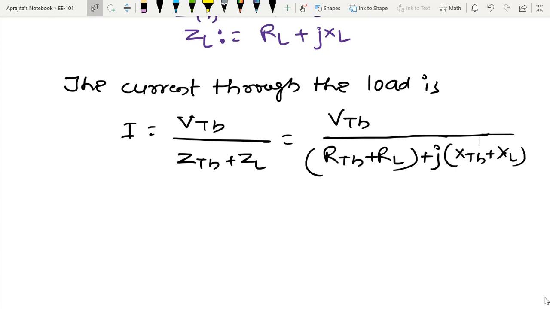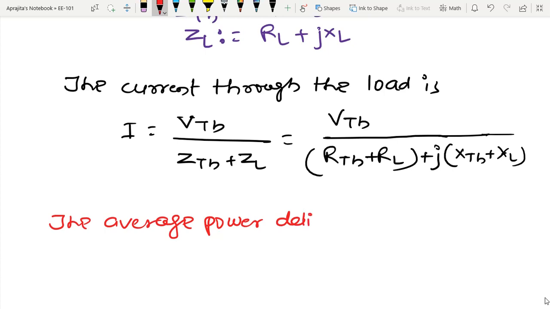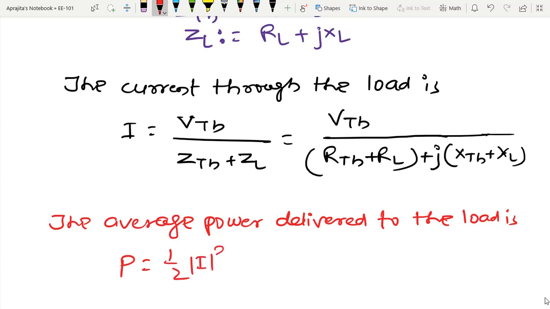Let us calculate the average power delivered to the load, and that is defined like this: P equal to half I squared RL.